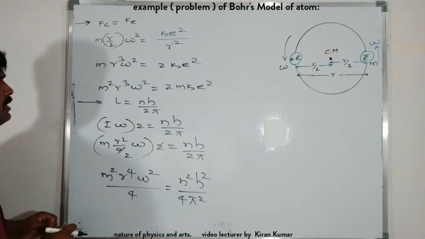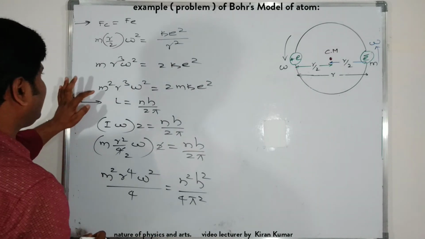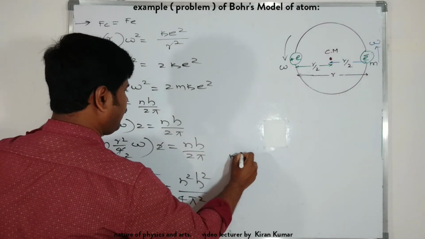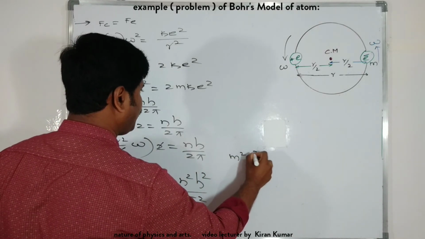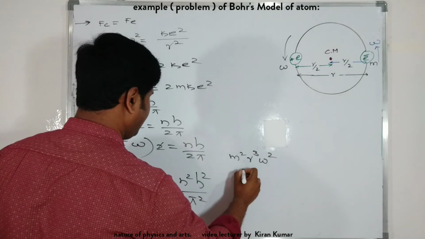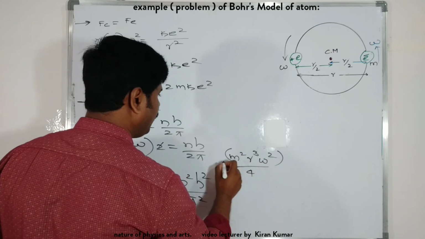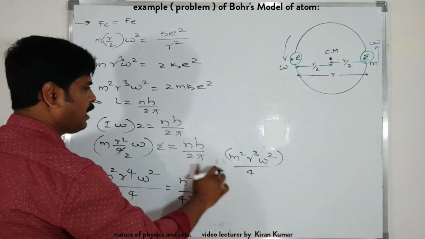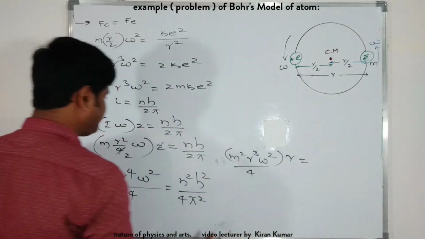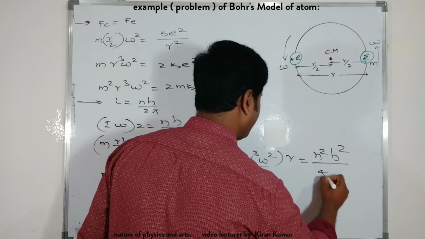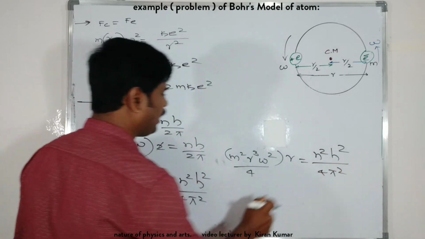And rearranging this equation, that is here m square r cube omega square divided by 4 into r. Here r is common, this side I am writing, which is equal to n square h square divided by 4 pi square. Please try to understand.